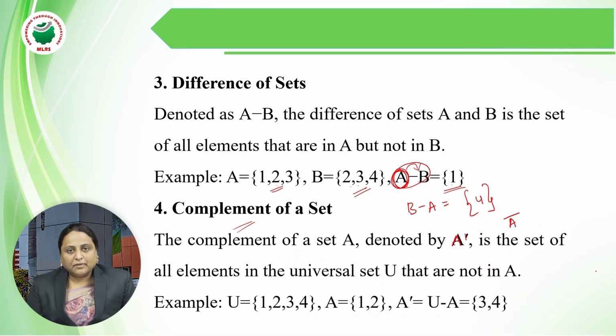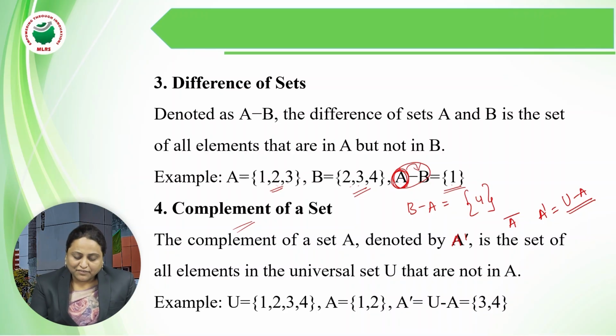So this is nothing but the universal set minus A. A complement is denoted by universal set minus A. Universal set is, as we have discussed, the total number of elements we are going to consider at that point of time will become the universal set. So here we are removing the elements present in A and the other elements in U will be considered. That is known as A complement.